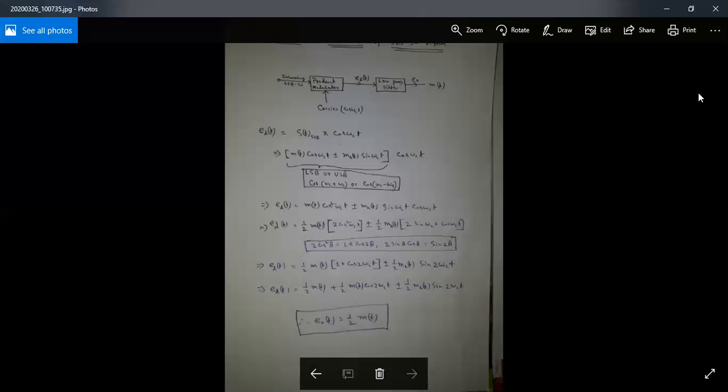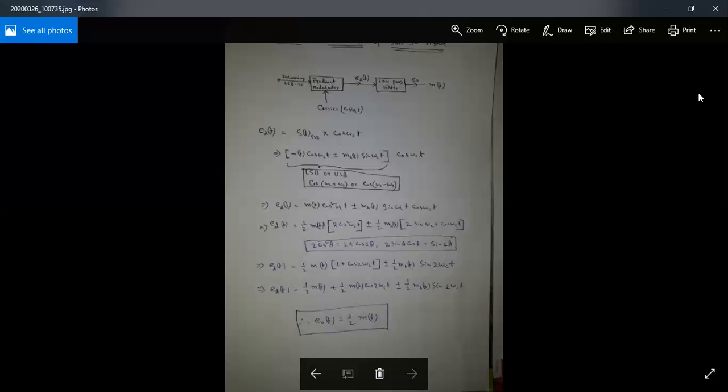Now we know our main intention is to recover the message signal or baseband signal, which is generally a low frequency signal. That is why a low pass filter is used here. And at the output of the low pass filter, the original baseband signal m(t) is recovered.